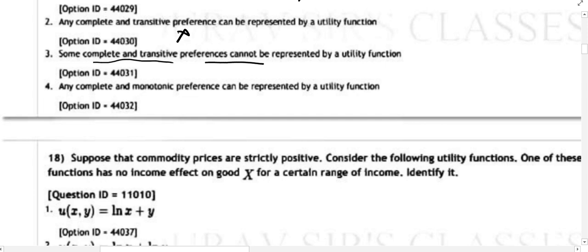Some complete and transitive, yeah, this is selective, preference orderings can be represented. Now one question can come to our mind: what is this transitive preference all about?